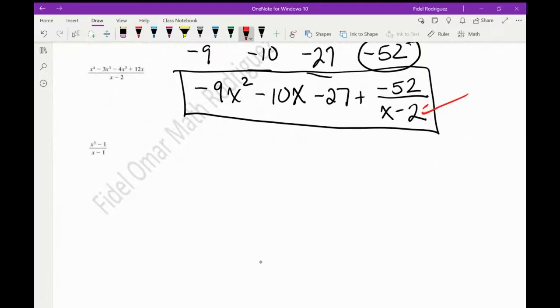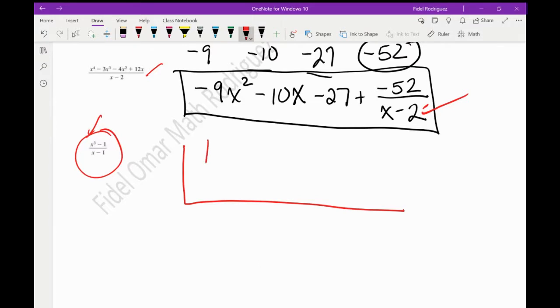So look, I'm going to skip this one here because it's the same type of problem, but I want to go to this one. If you notice, it's just x to the third minus 1, right? So remember, the numbers that I'm putting here are the coefficients, the numbers in front of the x's. Well, I know the number in front of the x to the third is 1. After x to the third, we normally have an x squared, and after x squared, we normally have an x, and then we have our constant term.